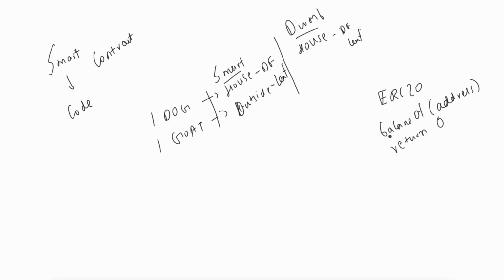So it's a standard, and it should also have a transfer function, transferFrom. I'll explain why these functions are required. And approve, burn, mint. Some of these are not standard, it's an upgraded version.